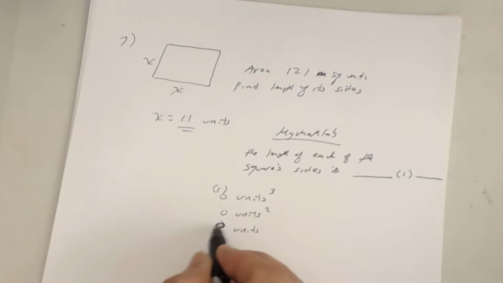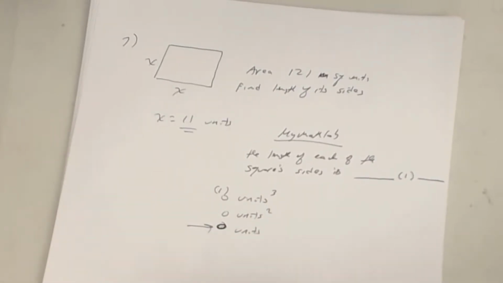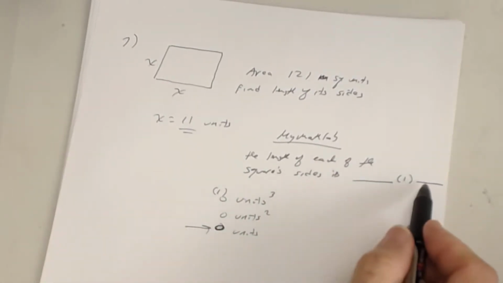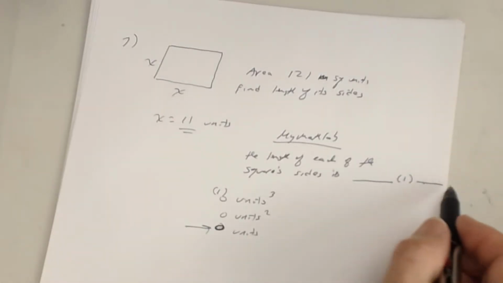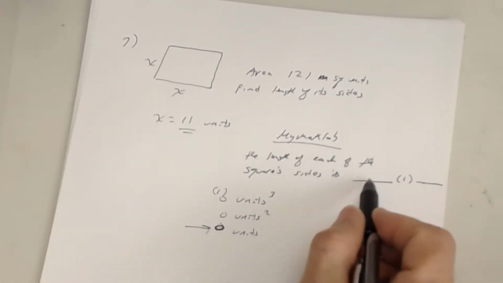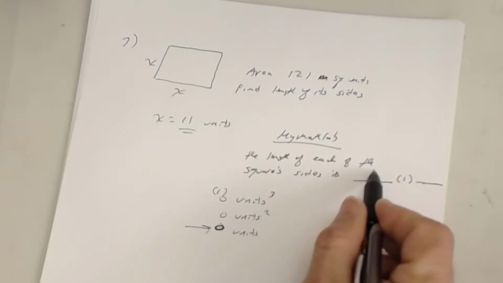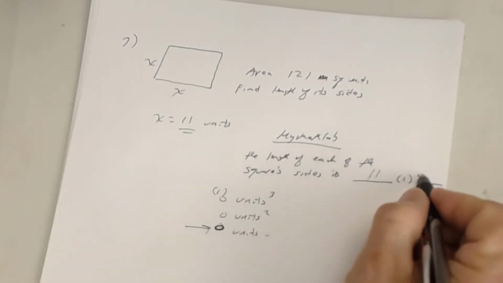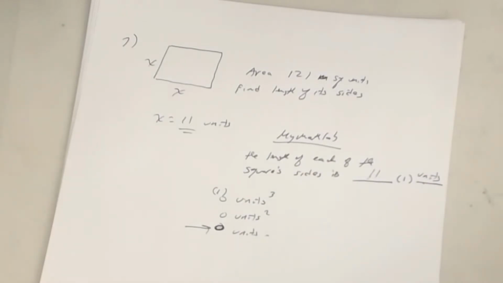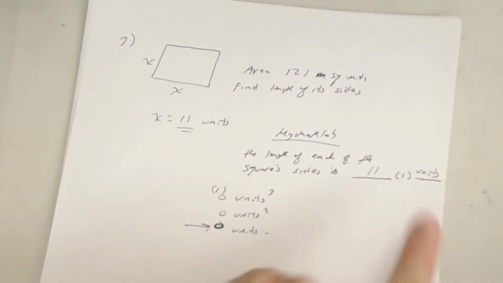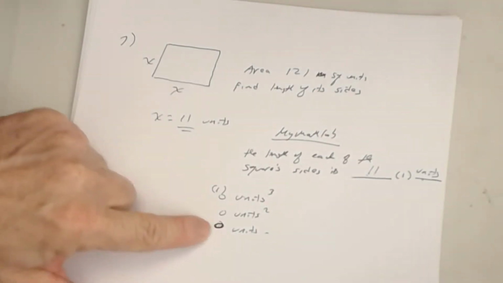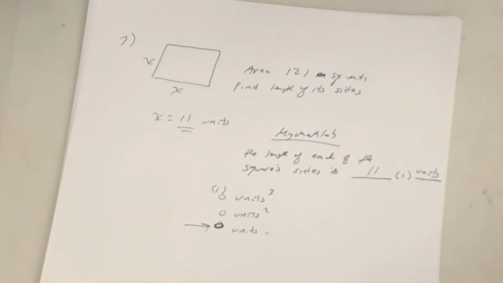And choose this one here. And the part that goes here will be what? 11, and this will be units. So you're going to put 11 here, and for 1, you're going to put this. Okay.